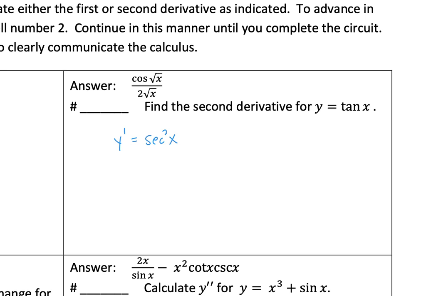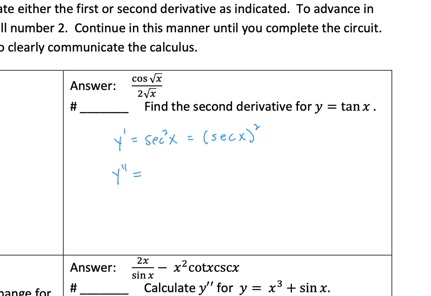And they want the second derivative. Remember when you have a trig function squared or cubed to an exponent, written in this notation, you don't have to rewrite it, but you at least have to think of it this way. This is really secant x, the whole thing squared.